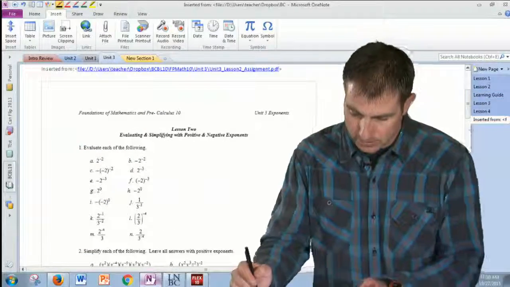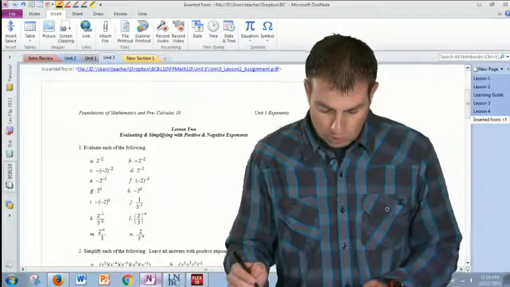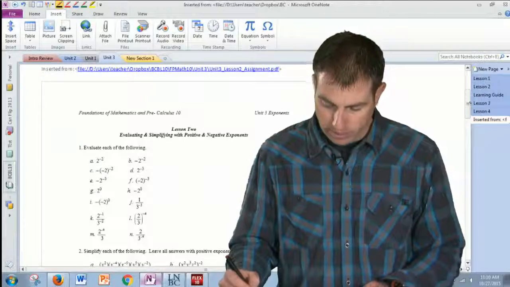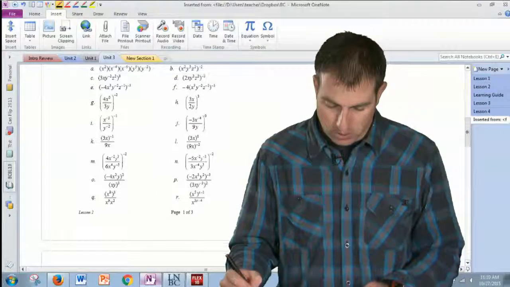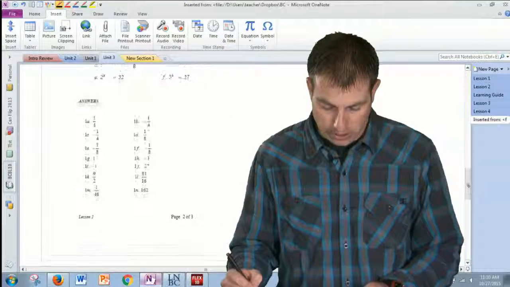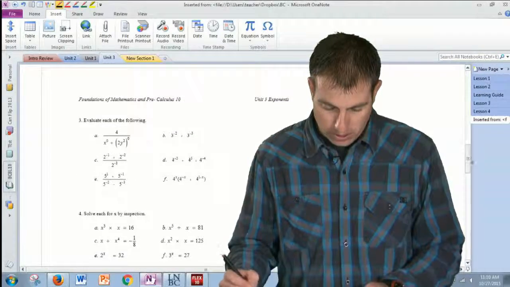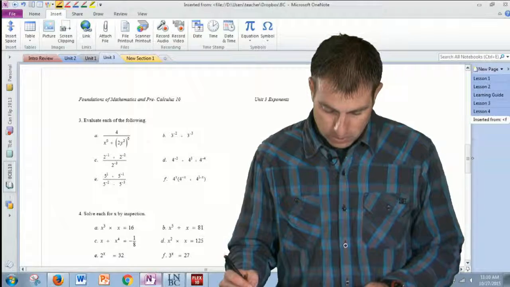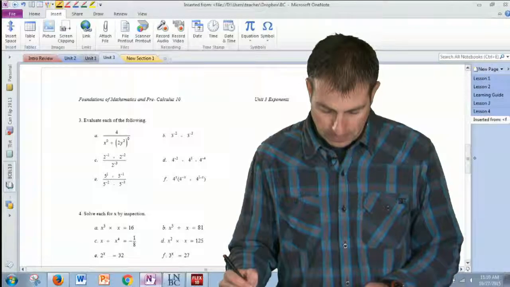So this was lesson 2, extra practice. I said have a look at it. Maybe I'll do a couple of the tricky questions here. I don't know how many of you actually had a chance to look at this, but evaluate the following. It's pretty straightforward. Solve for x.